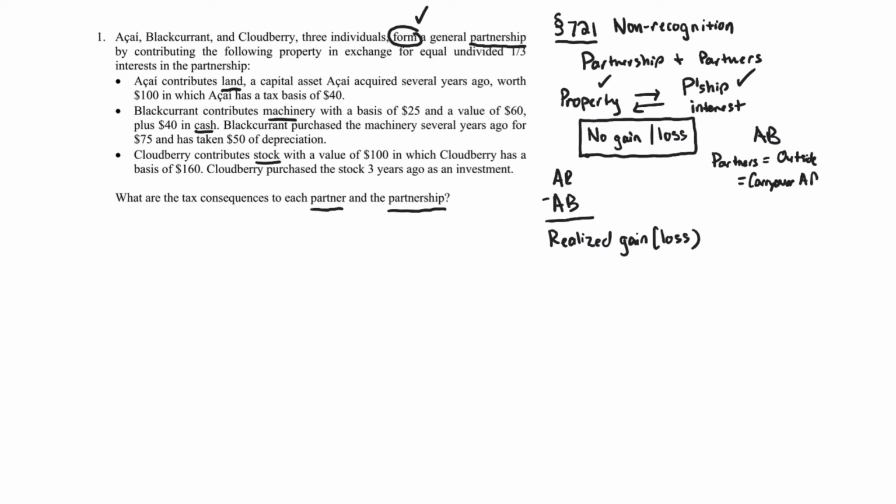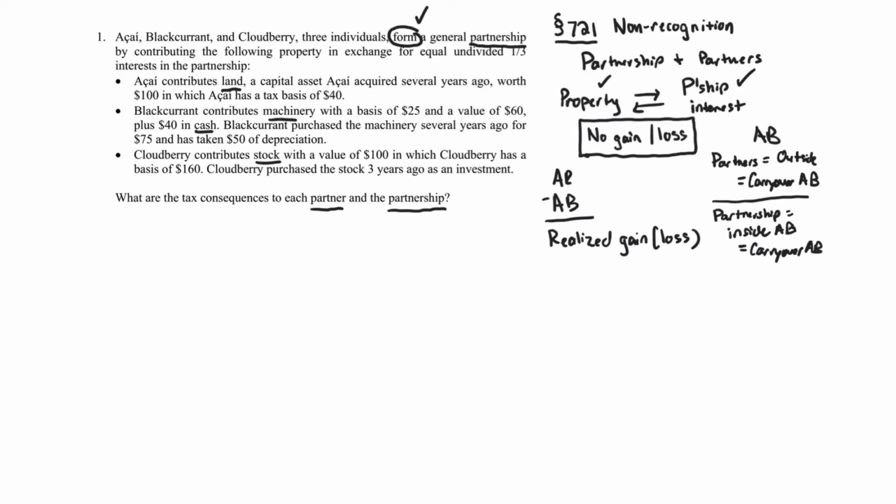We're going to carry over the adjusted basis of the sum of all pieces of property that you've contributed. For the partnership, we take an inside basis in the assets that the partnership receives equal again to the carryover basis of each individual asset.